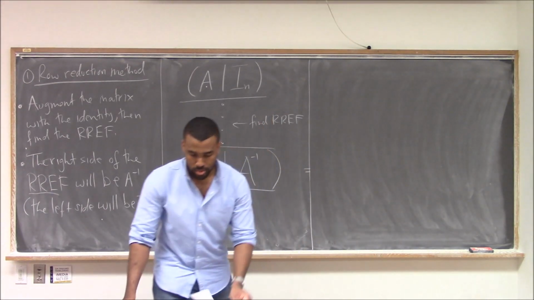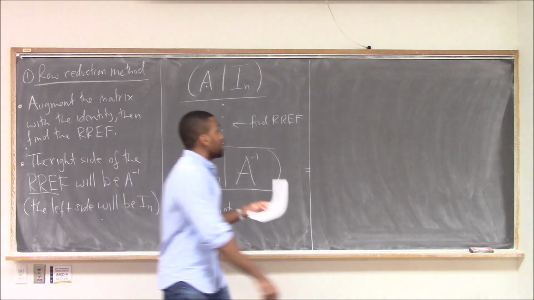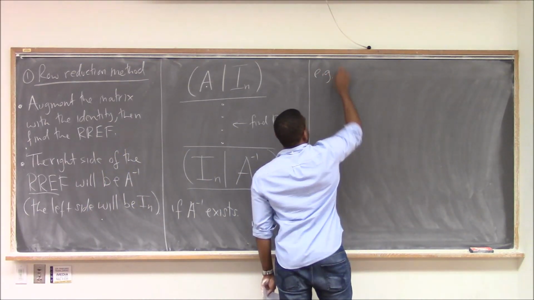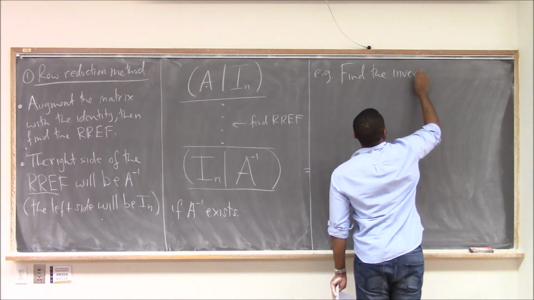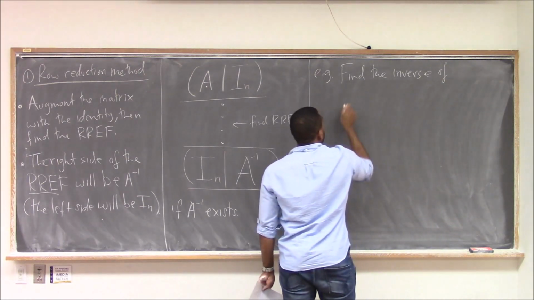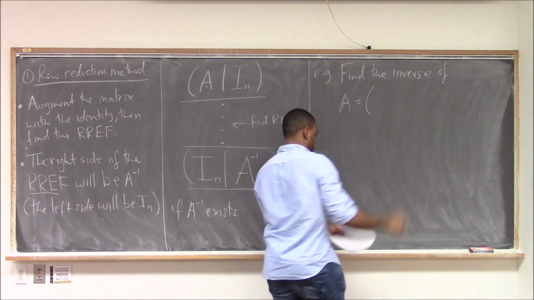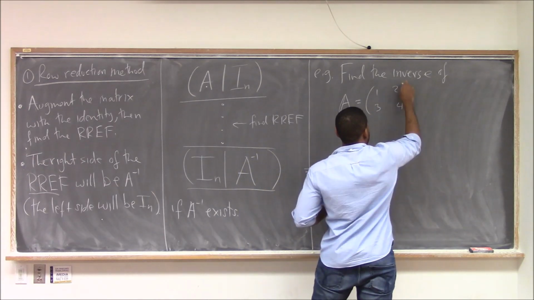Let's do the 2x2 first, and I'll go through it, and then we'll do the 3x3. Example. Find the inverse of 1, 2, 3, 4.